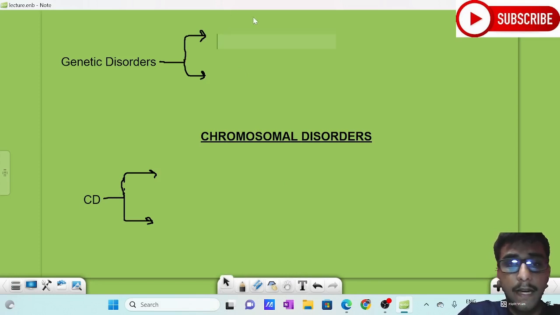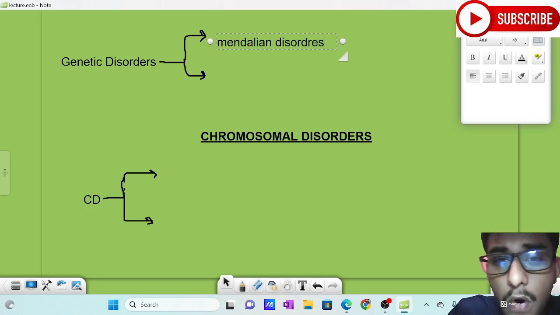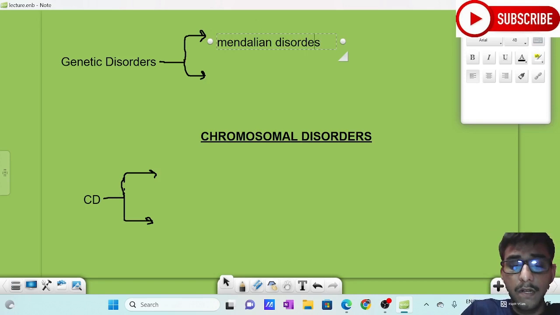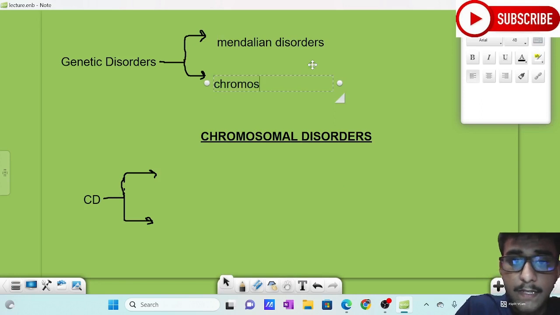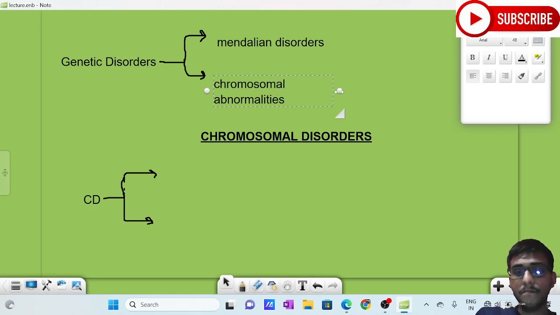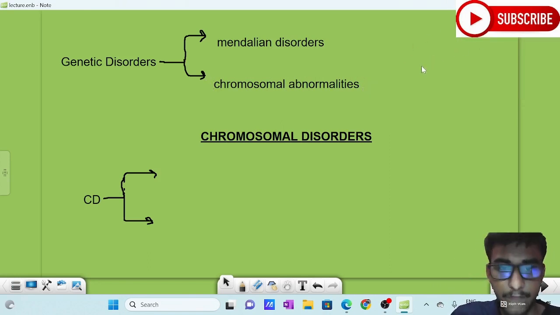Genetic disorders can be classified as Mendelian disorders and also chromosomal abnormalities, or as it is known, chromosomal aberrations, because of the change in the chromosome. So first I think we will discuss chromosomal disorders.